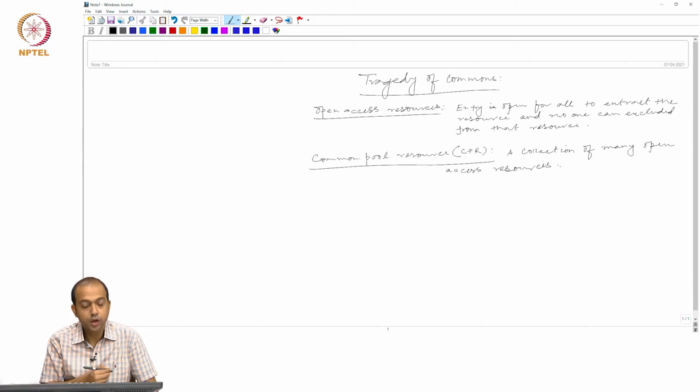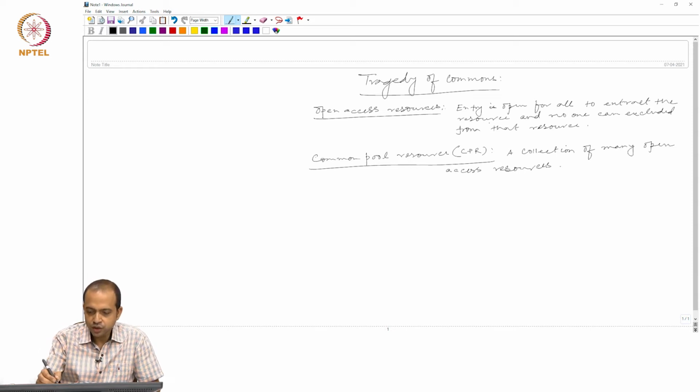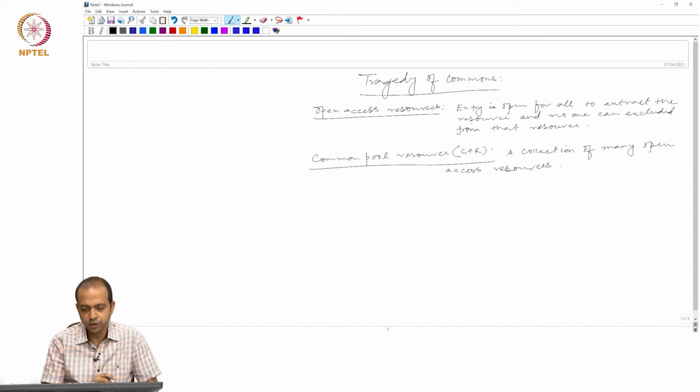The idea is the same here. In case of open access resource, we talk about only one resource. Here, if we have a collection of such open access resources, then that is called common pool resource.